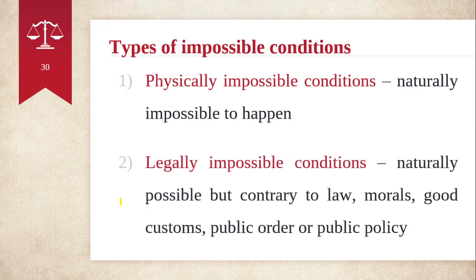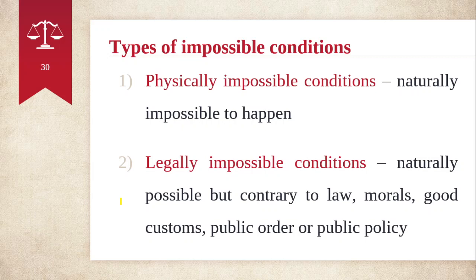Another type is legally impossible conditions. Those conditions that are naturally possible, yes, pwede mong gawin, but those are contrary to law. Example, ang pumatay, okay? Posible naman, pwede mo namang gawin yon, kaya nga lang, it's contrary to law, so it's legally impossible condition. Or, contrary to morals.